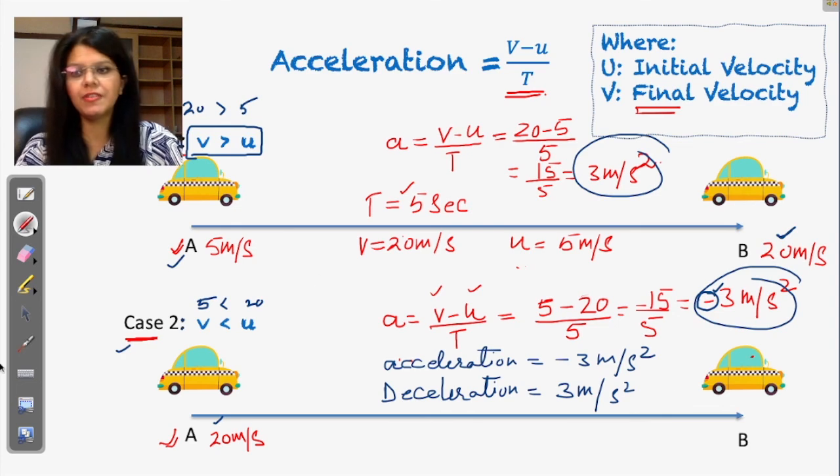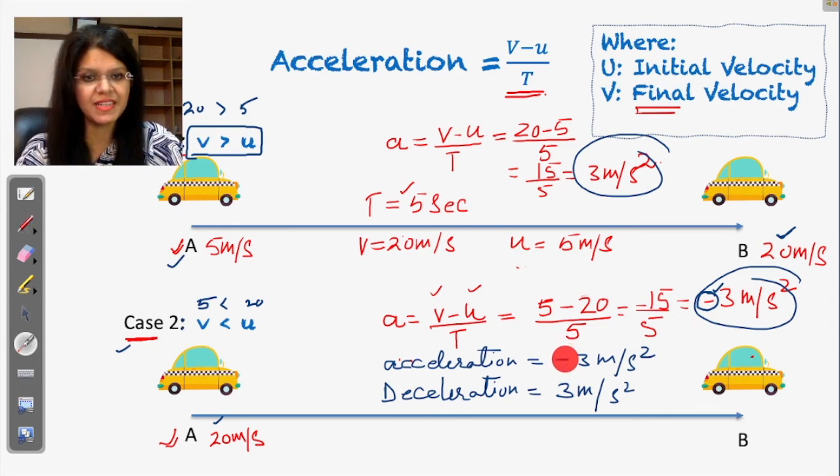If you really want to get rid of this negative sign, you have to call your answer a deceleration. When your acceleration comes as a negative number, you call it a deceleration and you can ignore reading out or mentioning the negative value in the answer.